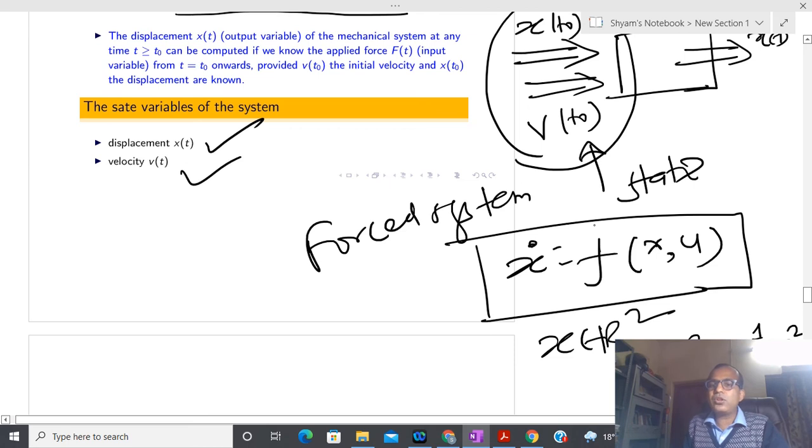Because x dot equals f(x, u), I can represent it like this. So whenever you have some kind of physical system, try to represent that system like this. In this way people are able to understand that you have a second order system, x is a pair of real numbers, and you have a single control input.